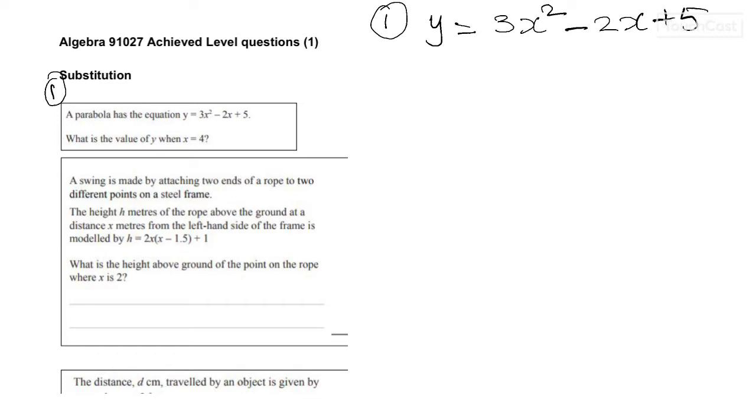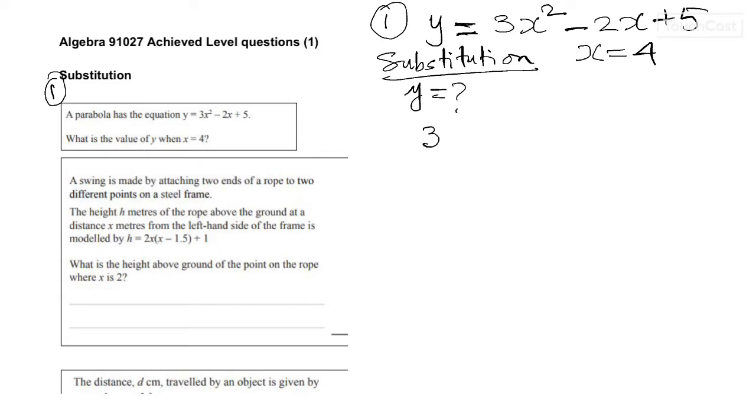Remember, this is a function, this is an equation, because the equal sign is put in between the two sides of the expression. It's a substitution problem because x is given as 4 and we have to figure out the value of y.